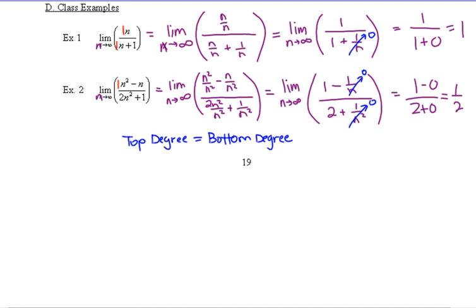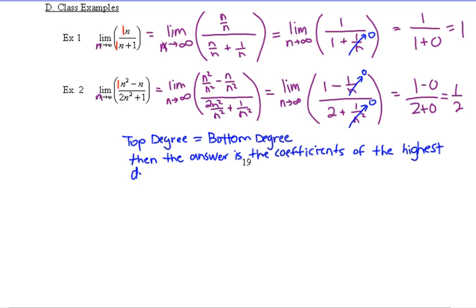If top degree equals the bottom degree, then the answer is the coefficients of the highest degree terms. That makes life so much easier.